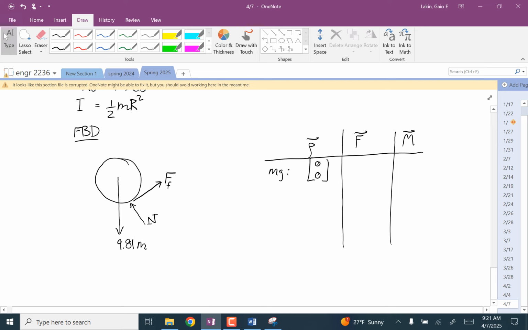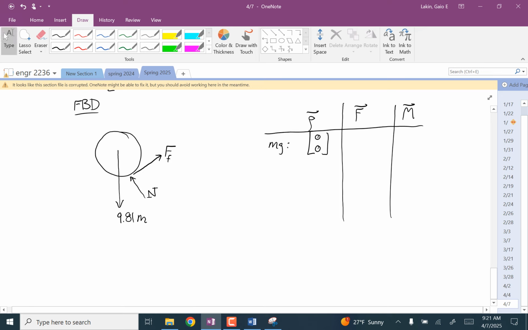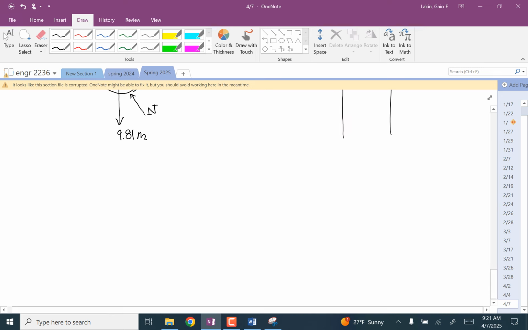The force, so this is the one thing that gets ugly when you use a rotated coordinate system. So our coordinate system is like this. Our force vector is like this.